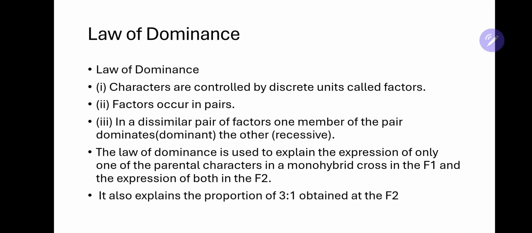So first of all, we can look at what the law of dominance is. From the monohybrid cross, we could find that the characters were controlled by certain discrete units called factors. These experiments were done long before, and these are now called genes, but in that era it wasn't known like that.